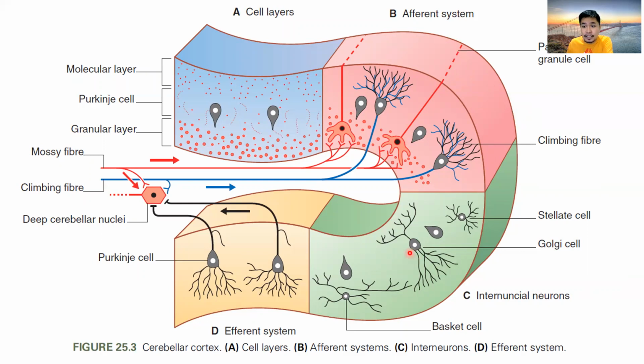We could see here Golgi cells at the Purkinje cell layer. So this is divided into the cell layer, afferent system, interneurons, and an efferent system of the cerebellum.